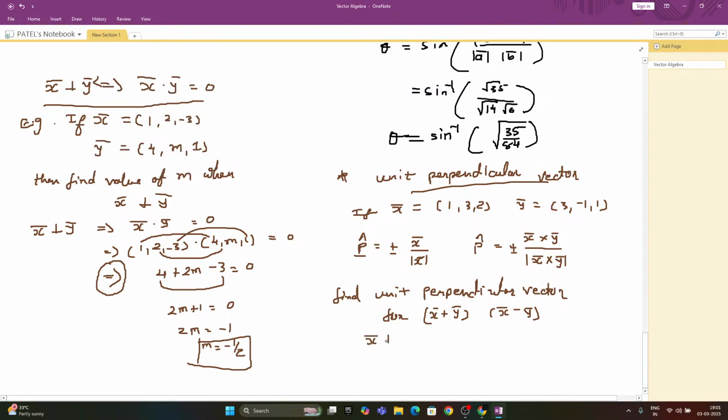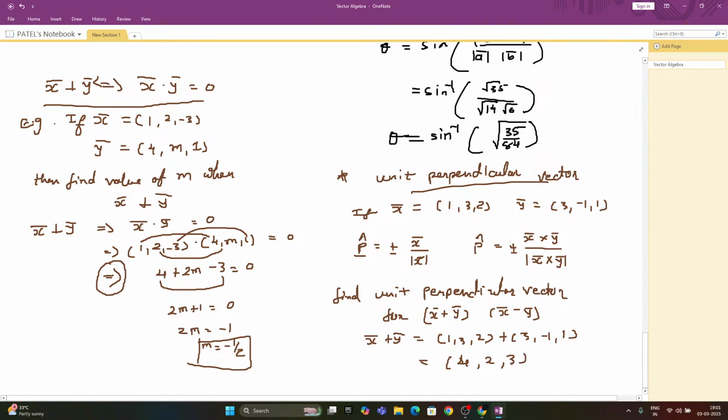So first of all, find the addition of x bar and y bar. So 1, 3, 2 plus 3, minus 1, 1. Addition: 1 plus 3, first with first, 4. 3 minus 1, it is 2.